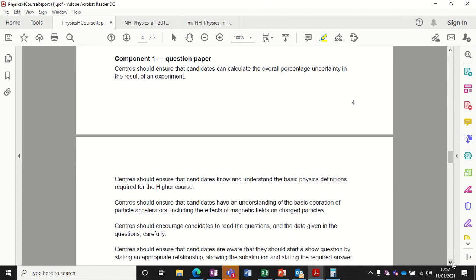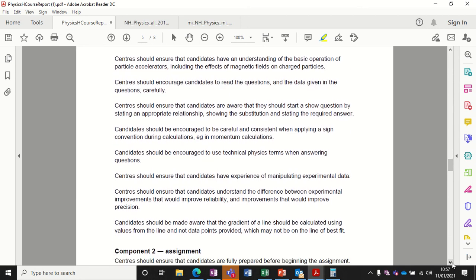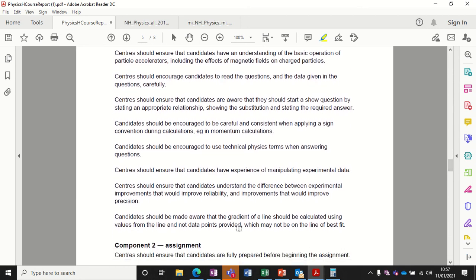If we continue further down, candidates should be made aware that the gradient of a line should be calculated using values from the line and not data points provided, which may not be on the line of best fit. So again, as I said, I picked 2 points on my line as opposed to 2 of my data points.